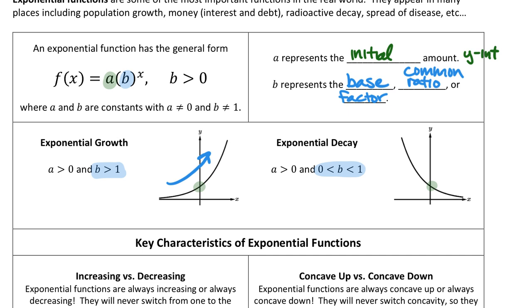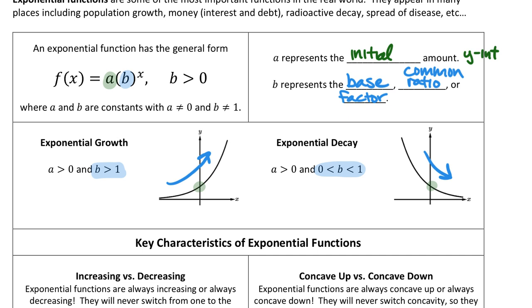For an exponential function as opposed to a sequence, your b value is always going to be positive. So there's not going to be a negative number in your base placement. It's always going to be some positive number. A sequence can have a negative common ratio, but an exponential function will always have a positive base.